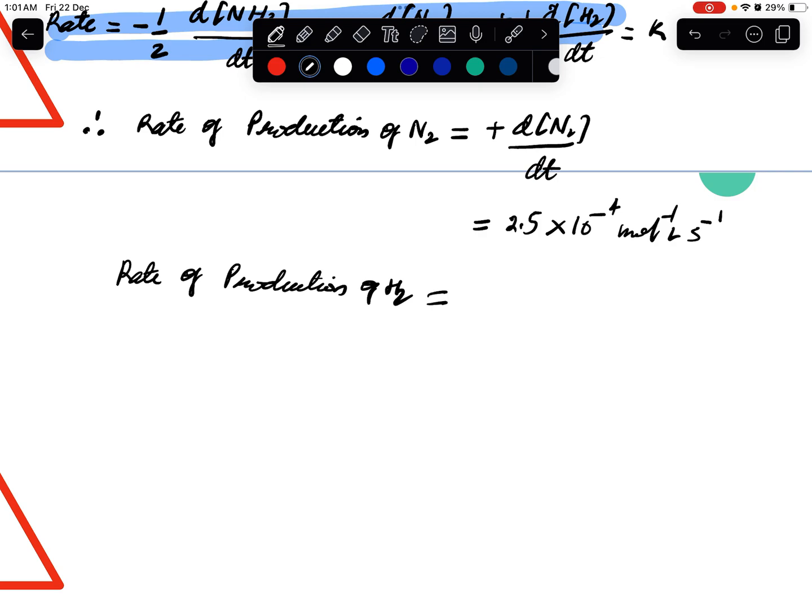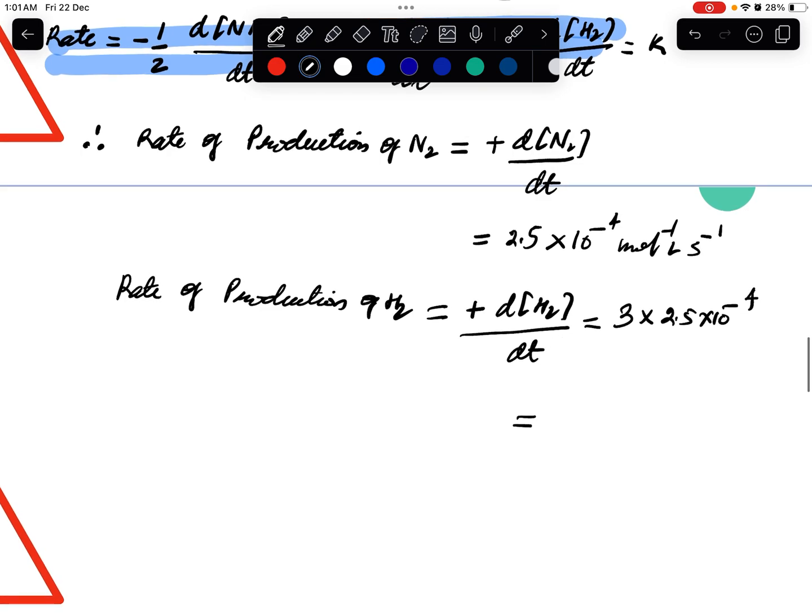It can be written as plus d[H2]/dt, and here we multiply the rate by 3, so 3 × 2.5 × 10^-4. This will give you the value of the rate of production of the other gas, that is hydrogen.